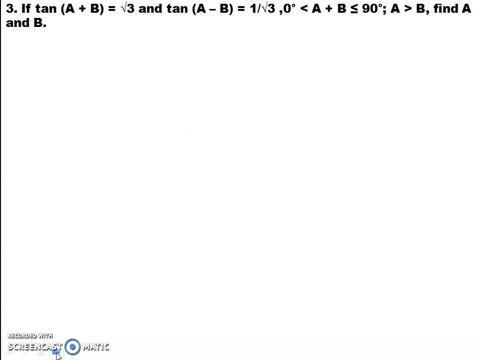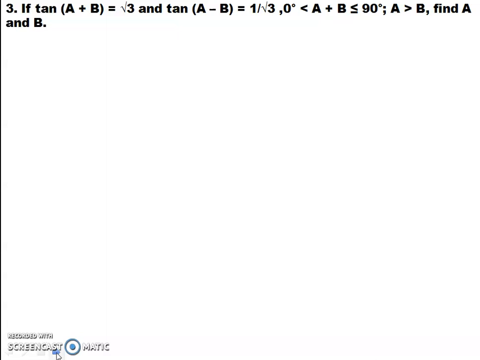If tan(A + B) is equal to root 3 and tan(A − B) is equal to 1 by root 3, 0 degree less than A + B less than or equal to 90 degree, A is greater than B. Find A and B. Students, you can do this only if you are familiar with table 8.1.